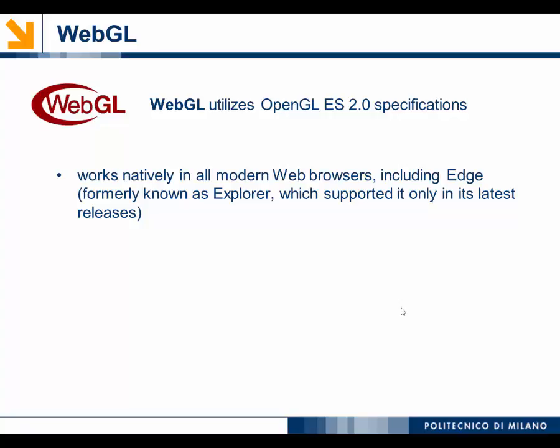I'm not sure, but it seems to work. Also in Explorer, which allowed the use of WebGL only in the latest release. Before it was quite tricky to use. But to avoid all those problems, we will use Google Chrome, which works perfectly fine for this. And we solve the problem like this.